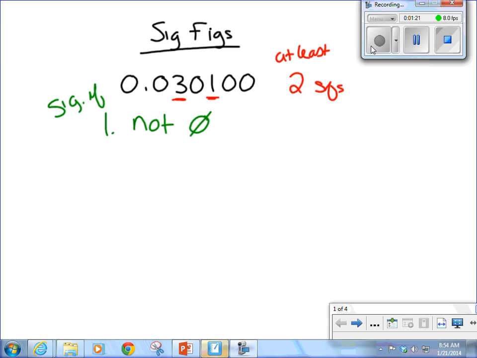All right. The next rule is if it's a sandwiched 0. That means zeros between 2 non-zero numbers. I call them sandwiched. And a sandwich 0 looks like this. This one right here in the middle. That is a sandwich 0.